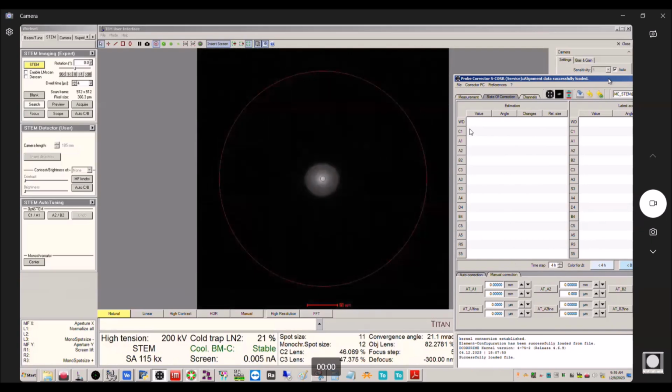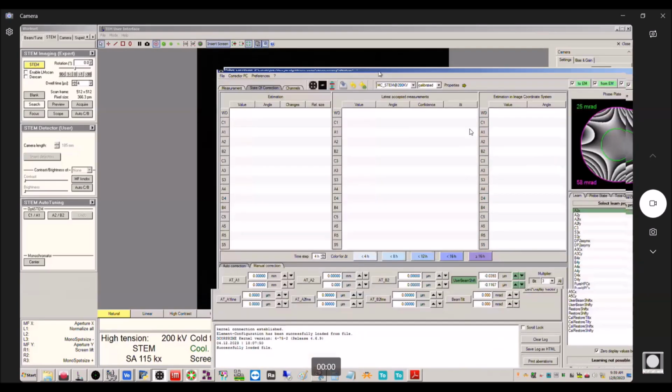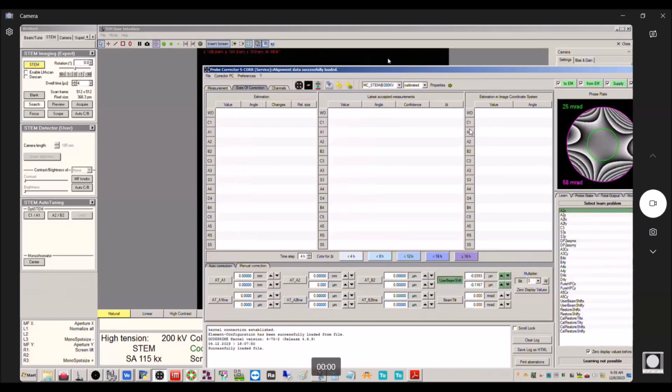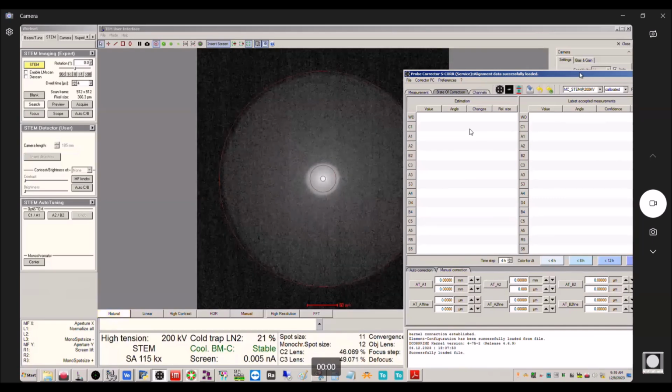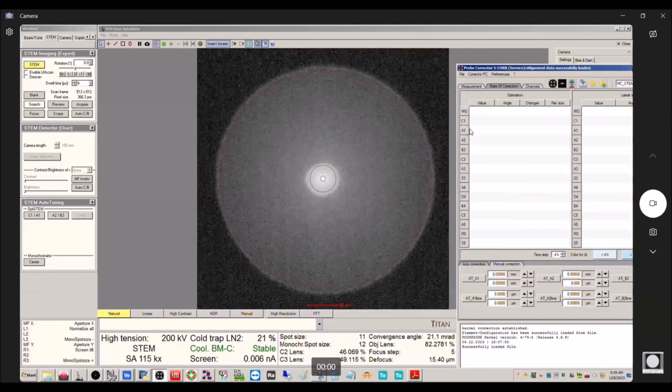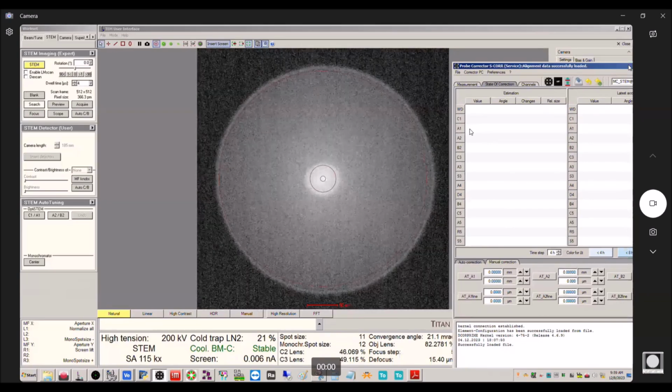We'll do one more iteration, but it looks like we're closing in on it here. Put this down a little. Okay, that looks pretty good here.